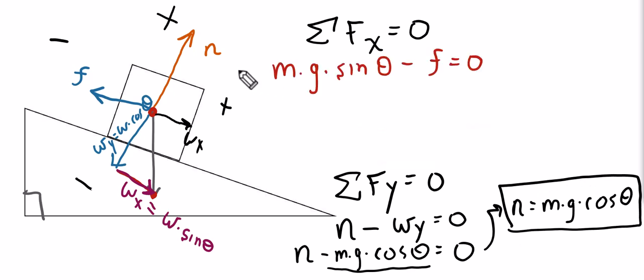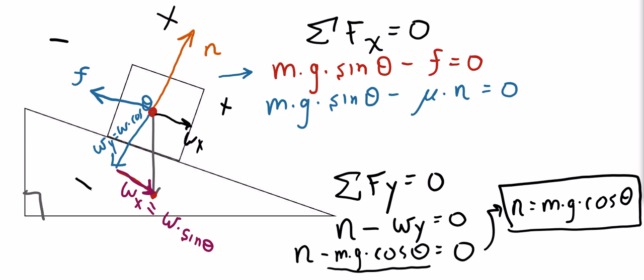Let's go back to this equation that we set up for Newton's first law along the x-axis. By definition, friction is mu times the normal. But what is the normal force? It's not the weight anymore, it's this thing. So I can rewrite this equation with this put into place.